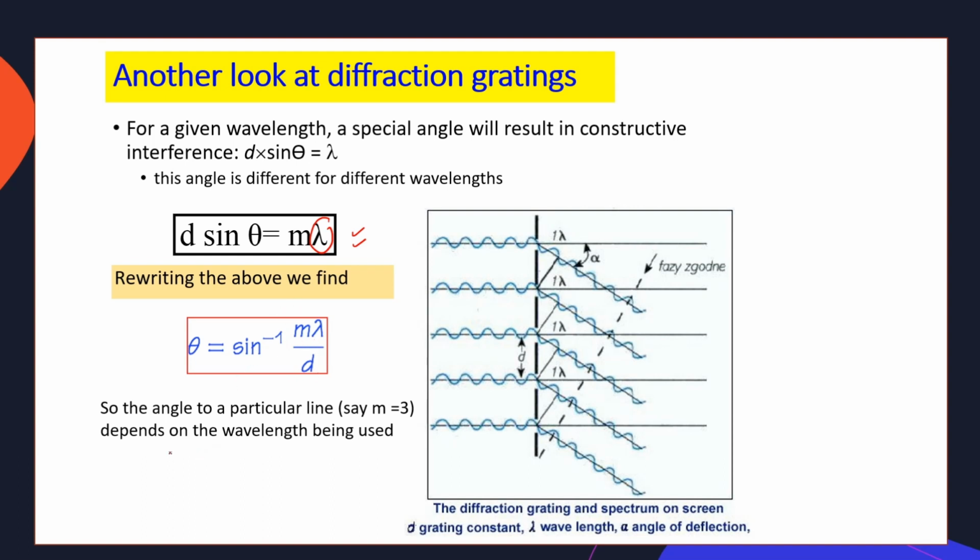Let's say we want to find the angle theta when m is equal to 3. We substitute m equal to 3 into this equation, m lambda over d. Based on this equation, we can calculate at what angle the third order bright fringe can be observed on the screen.